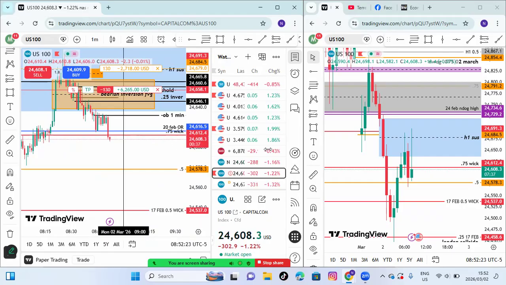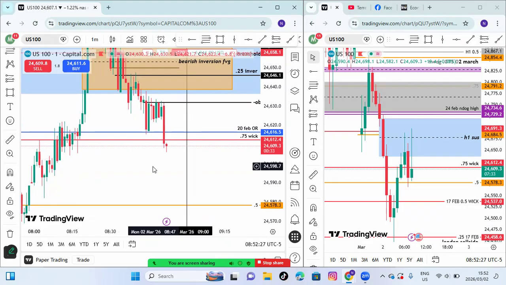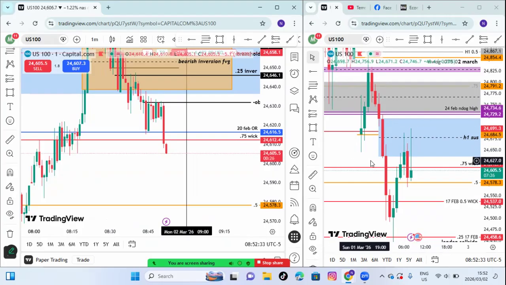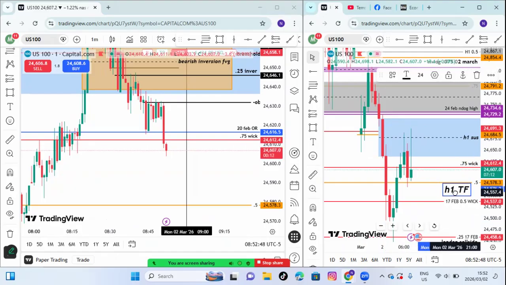Let me just do this so that we can see this price going nice. 1 hour here, guys. 1 hour time frame here. This is the H1 time frame.